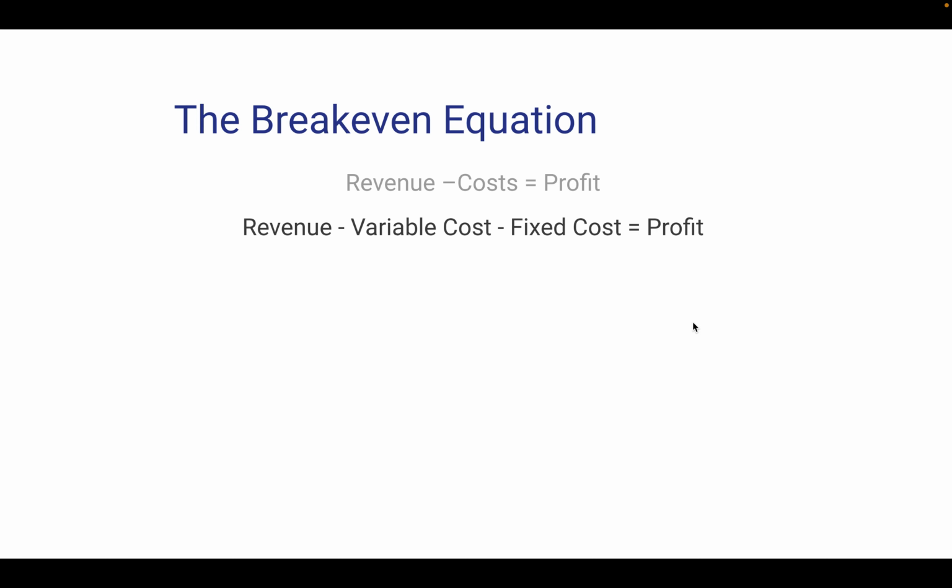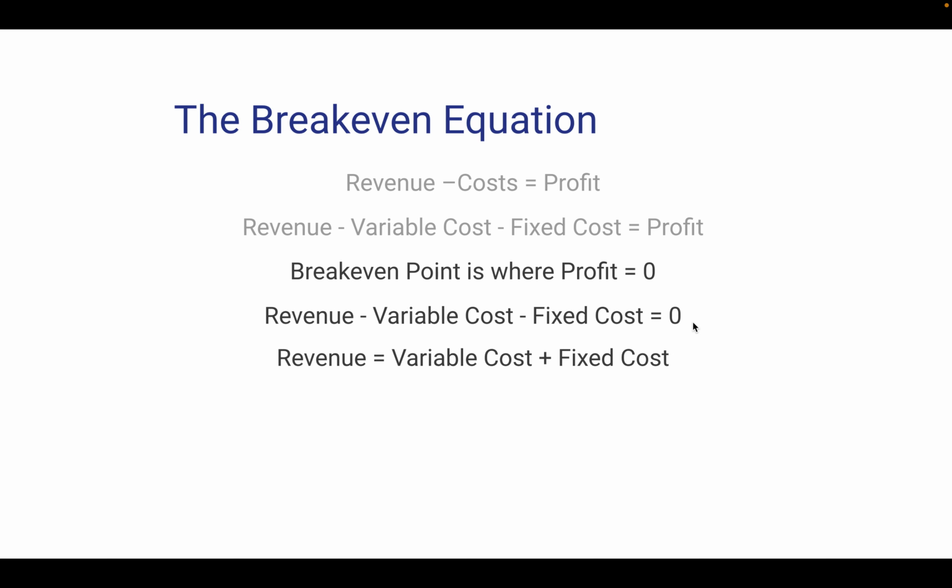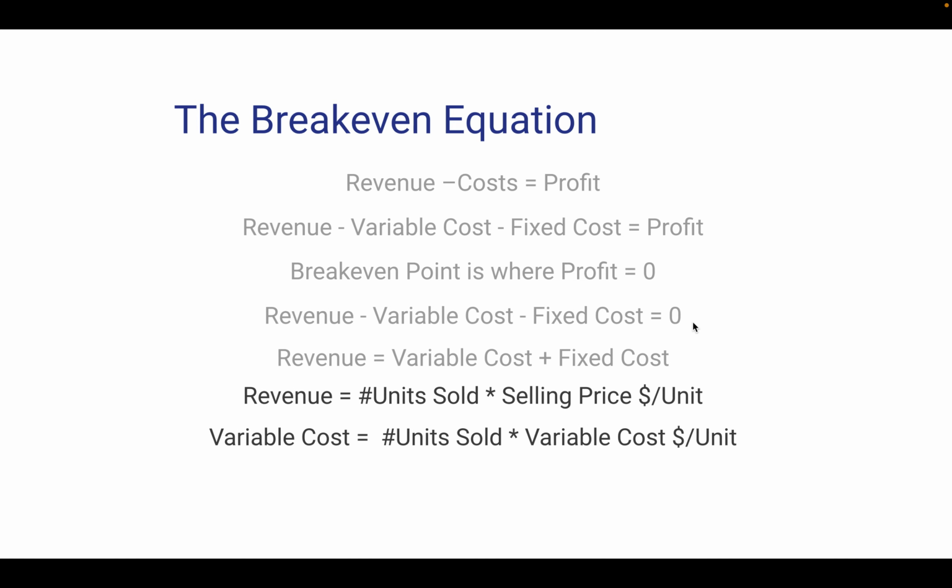We replace cost with variable costs and fixed costs, so that's pretty easy to take apart. And we know that the break-even point we're looking for is where profit is zero. So we're at that point where all our revenue covers all our costs, and we set profit to zero, and then we get an equation that we can resolve into whatever variable we need. In this case, revenue equals all variable costs plus all fixed costs.